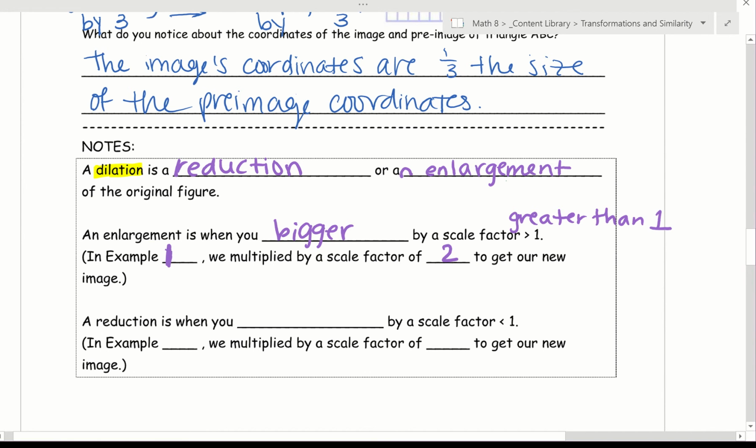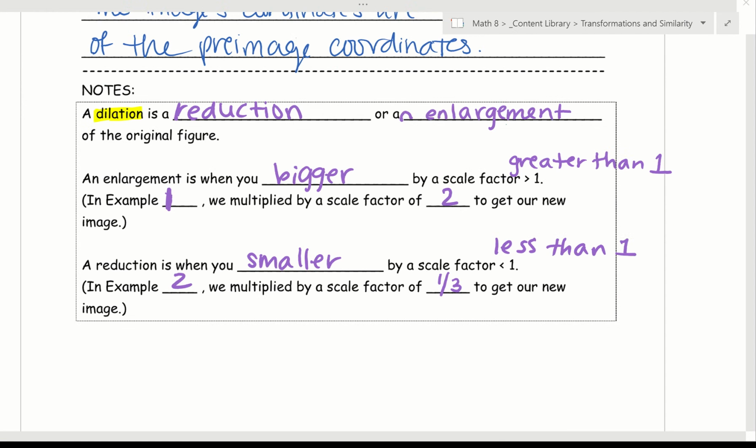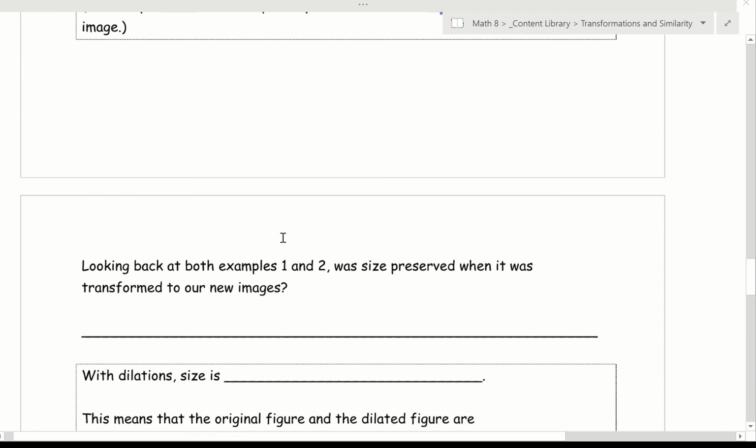A reduction is when you get smaller by a scale factor, and that symbol means less than 1. That was like in example 2, when we multiply by a scale factor of 1/3 to get our new image. Okay, so let's move on.